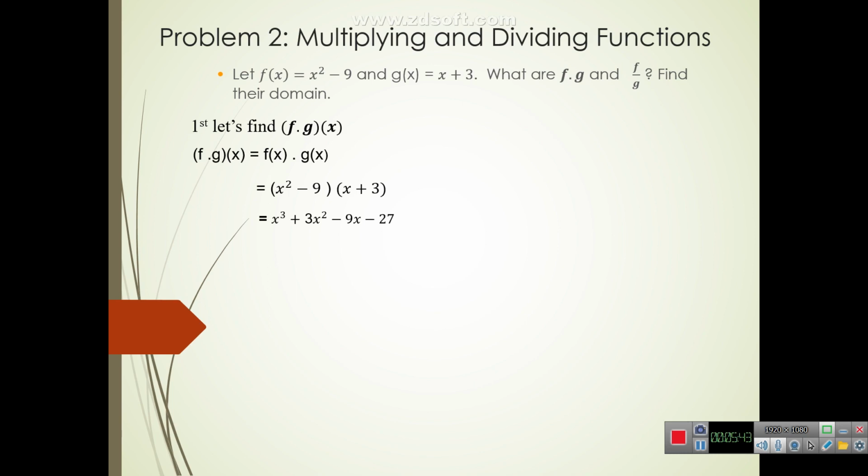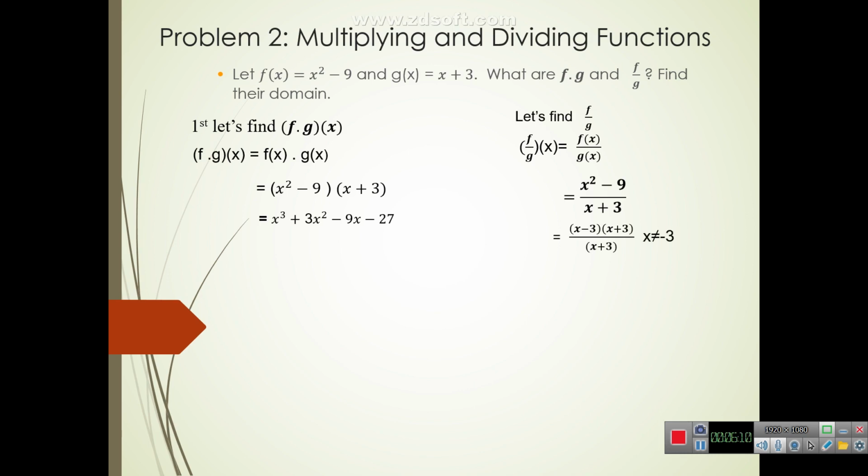What do you think will be the domain of this function? The domain will be all values of x. All real numbers, in other words. Let's find their quotient. F of x over g of x. Substitute each function. Here we can factor x squared minus 9.